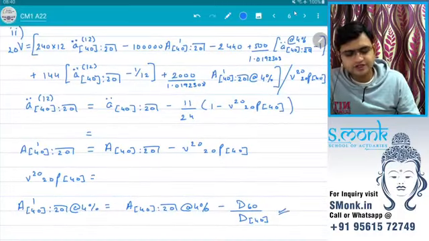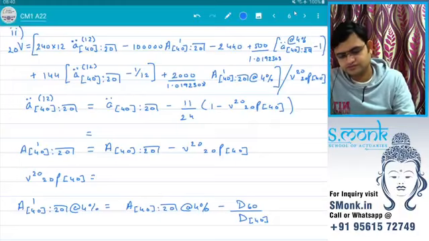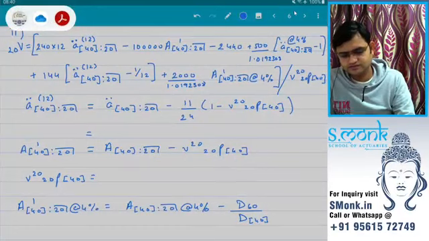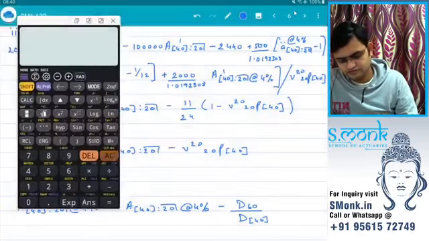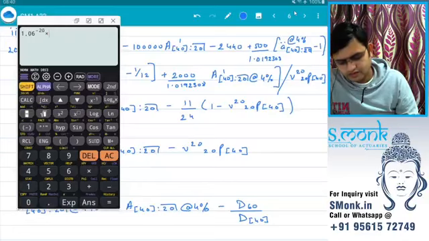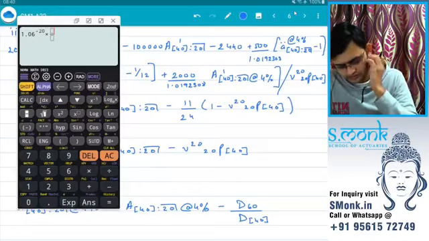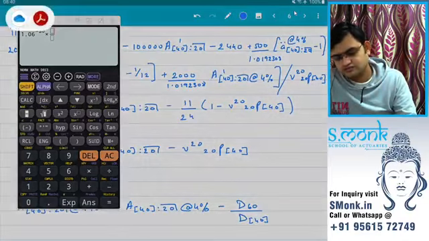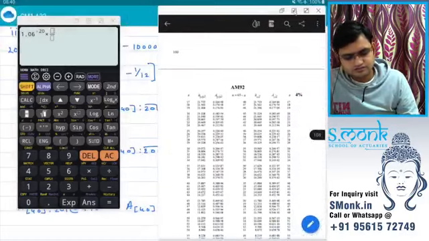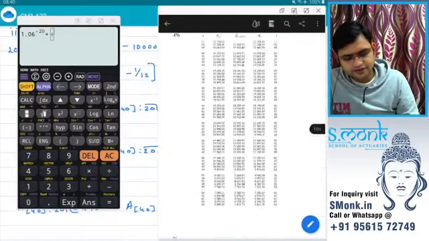For 4% I have written capital D so that I don't get confused between 4% and 6%. First I'll calculate v raised to 20, 20p select 40.